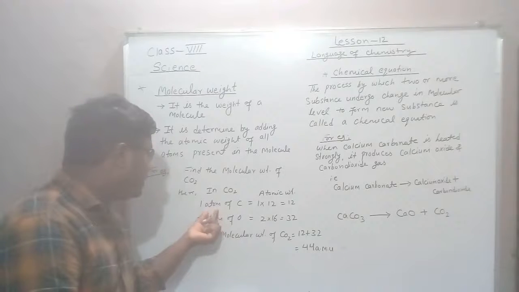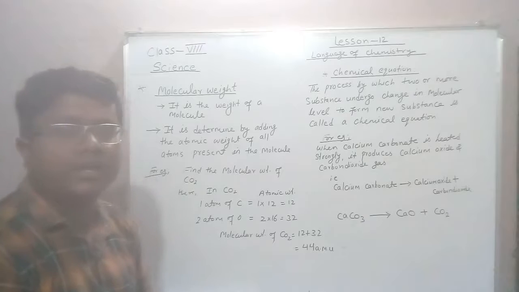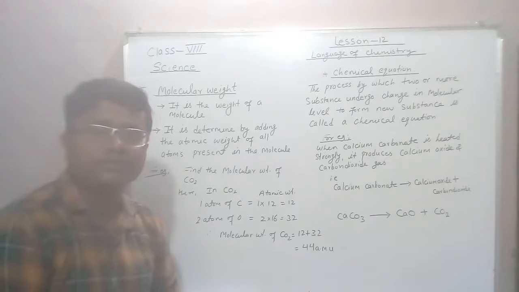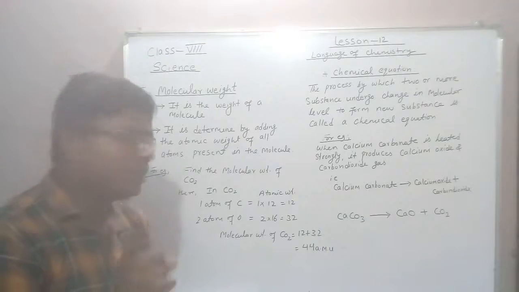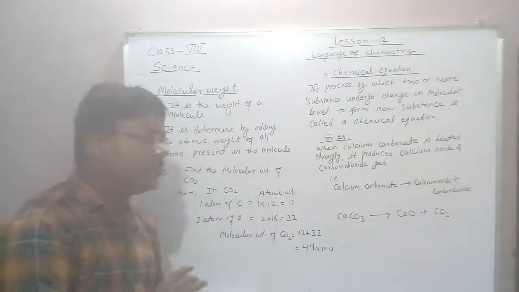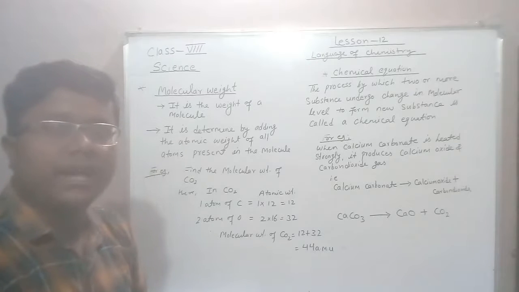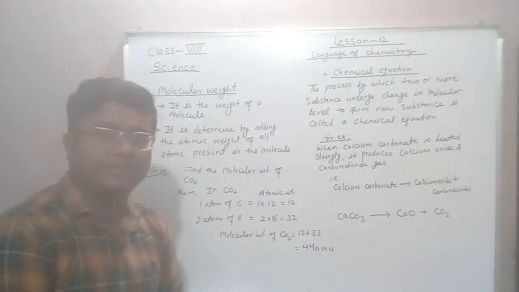If we need to find the atomic weight of one atom of carbon, what is the atomic weight of carbon? That is 12. So for one atom, 1 into 12, the atomic weight is 12.